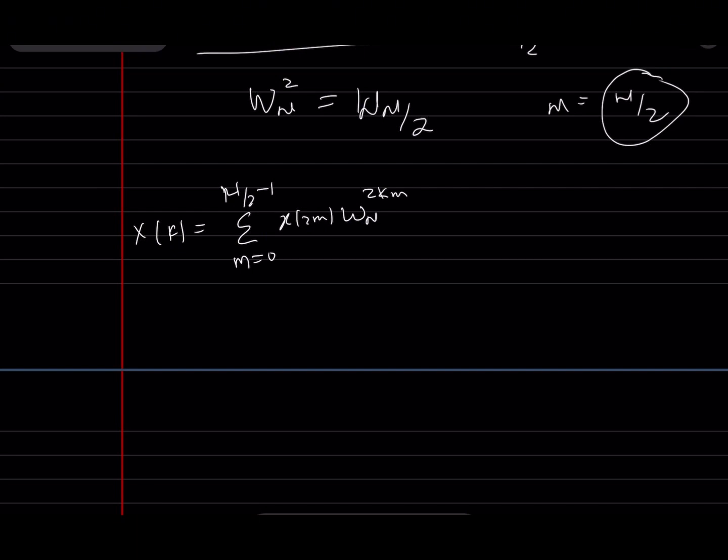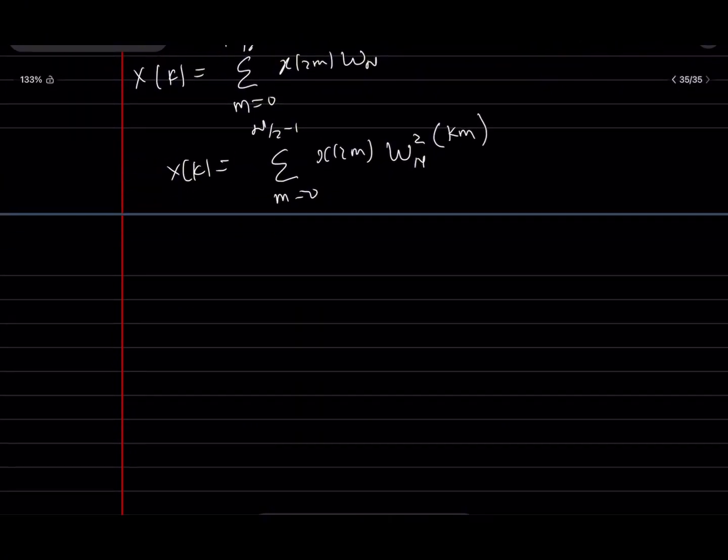It can also be rewritten as X of k equal to the summation of m equal to 0 to N over 2 minus 1 of x of 2m, omega N of 2 multiplied by omega, of 2 multiplied by km.